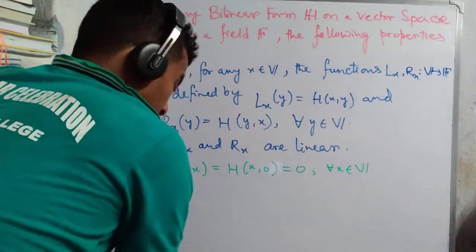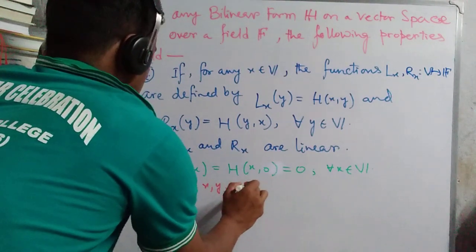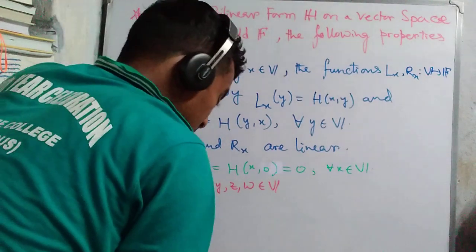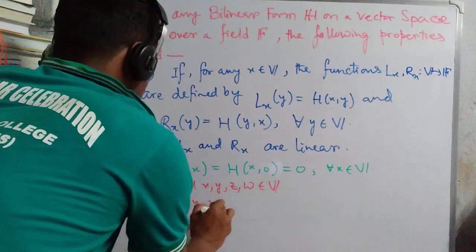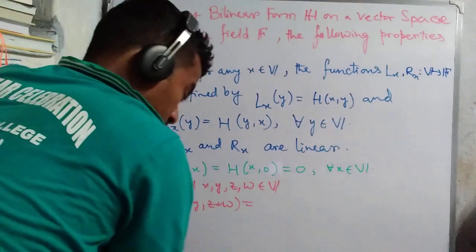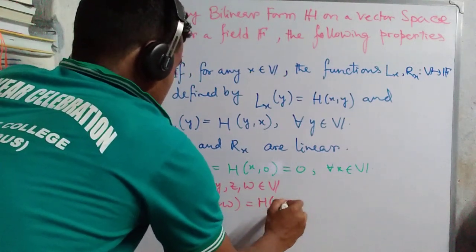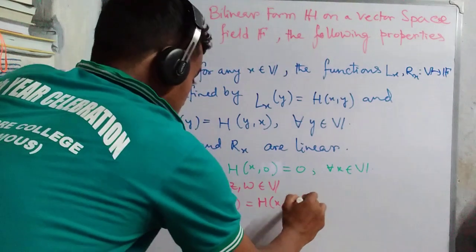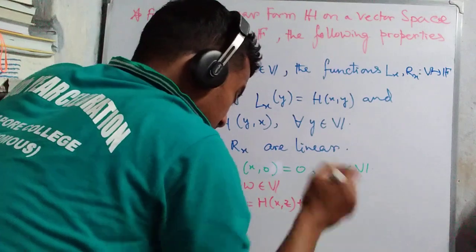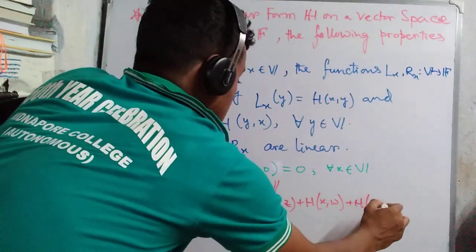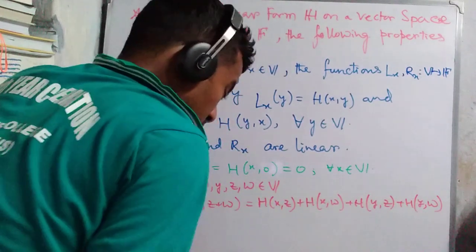Third, for all x, y, z, w belongs to V, h of x plus y, z plus w equals h of x, z plus h of x, w plus h of y, z plus h of y, w.